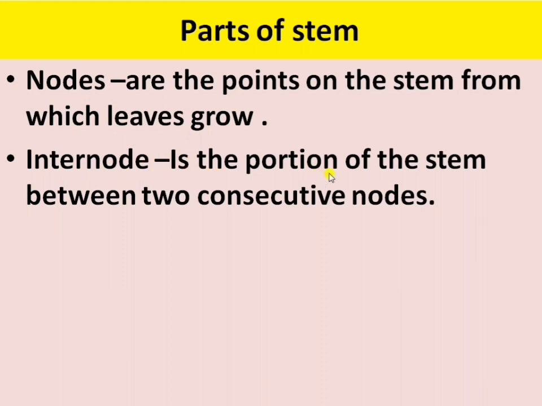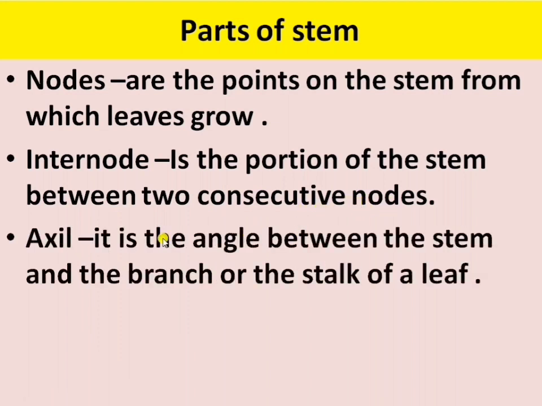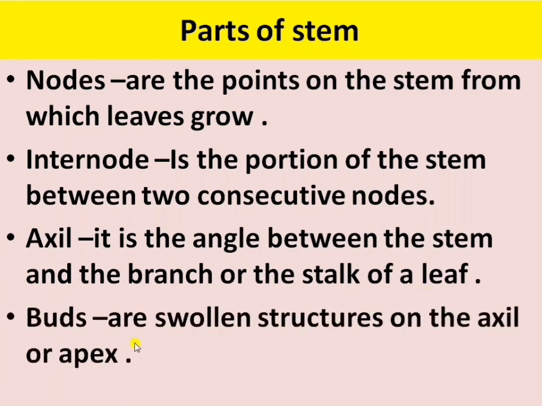Internode is the portion of the stem between two consecutive nodes. Then axil. It is the angle between the stem and the branch or the stalk of the leaf. Next is buds. Buds are swollen structures on the axil or on the apex.